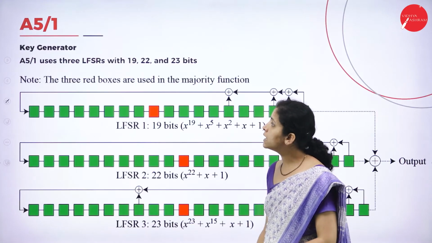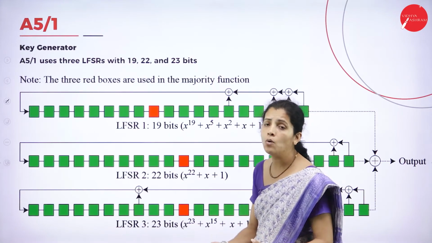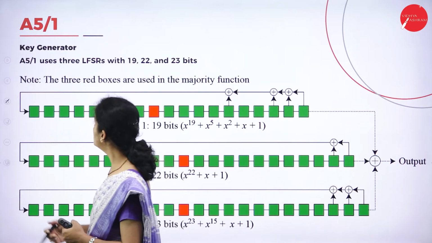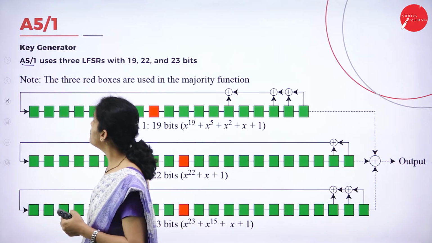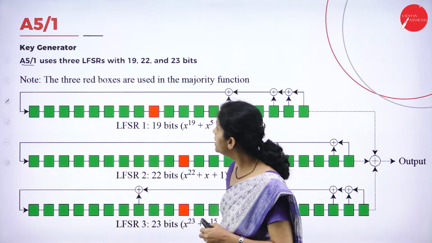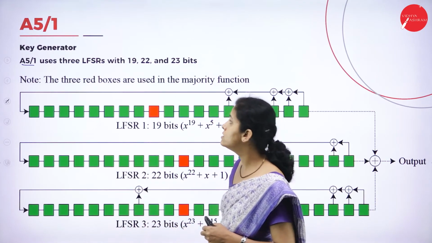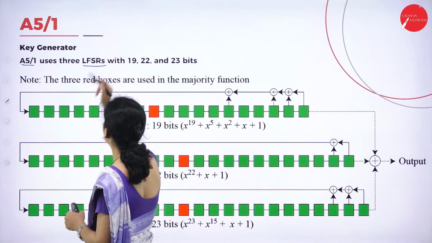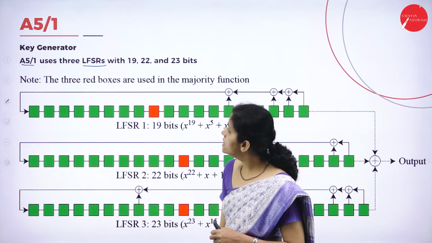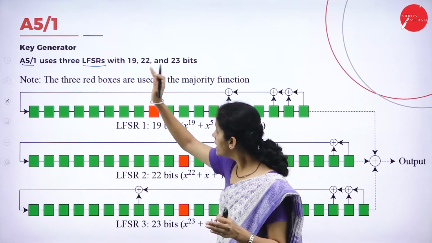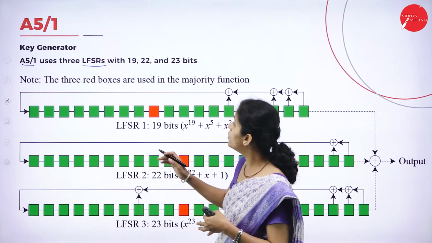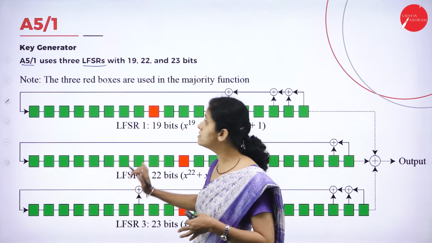Now let me consider the diagram of how the key generator works. A5/1 uses 3 LFSRs, that is, linear feedback shift registers, and I have 3 shift registers.